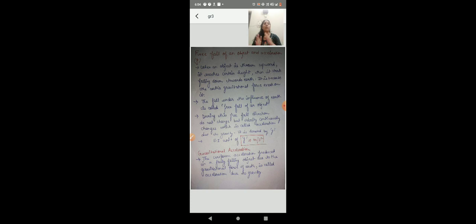The free fall of an object and acceleration g. What do you mean by the word free fall? Free fall is when we drop any object towards earth. And g is what? It is gravity or acceleration.